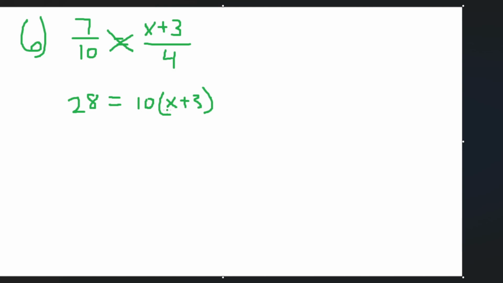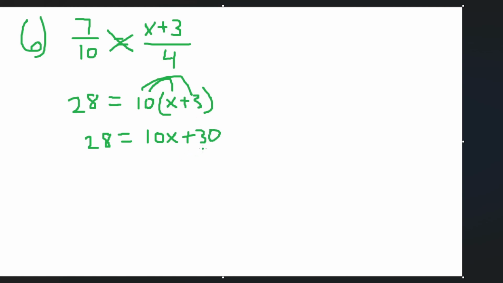So here you could either distribute the 10 in, or you could divide by 10 to both sides. The point is we want to isolate this x. We want to get the x by itself on one side. So say I wanted to distribute it, we would do 10 times x, 10x, and then 10 times 3, which gives you 30.